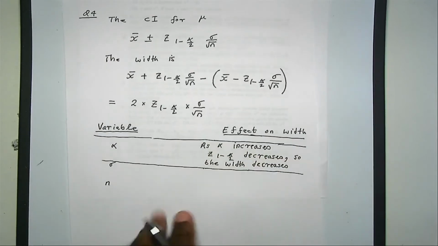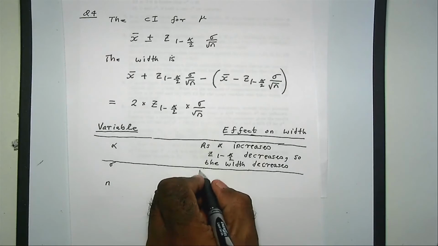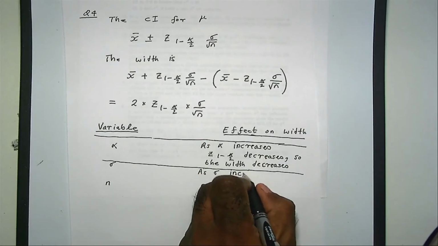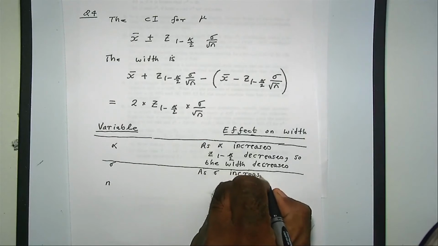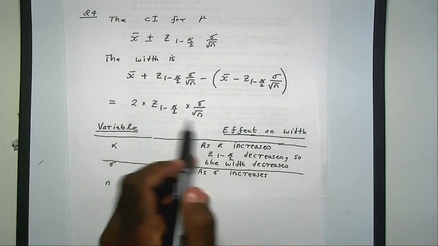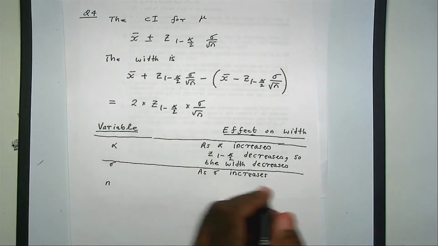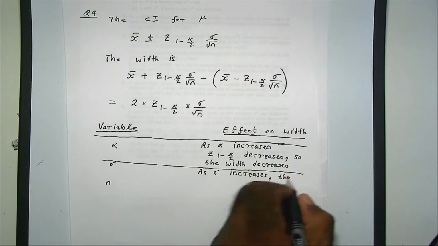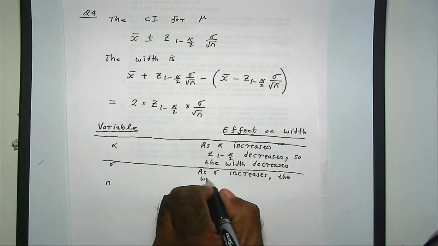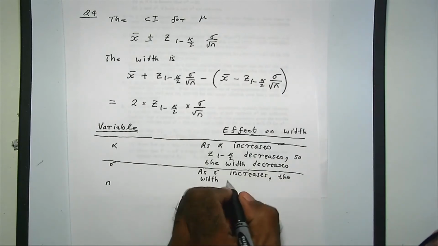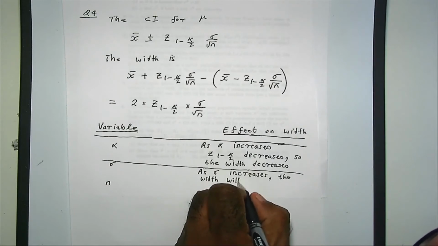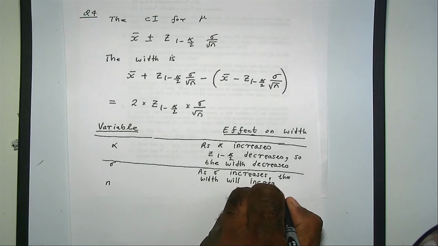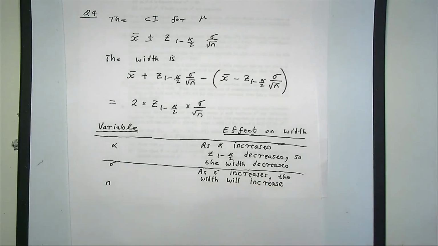Right, so this is for alpha. Now, as sigma increases, this whole thing is an increasing function of sigma, so the width will increase.